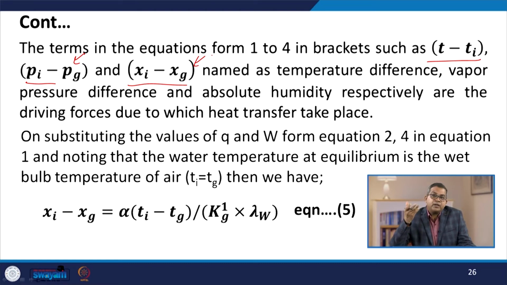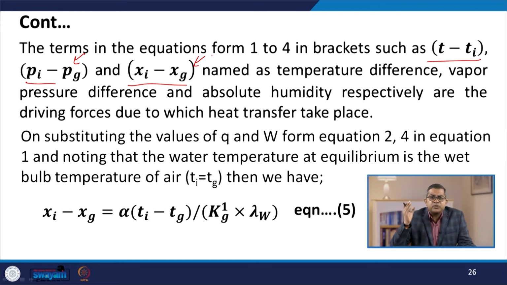Obviously, when we are looking at this heat transfer aspect, there must be some driving force, and this is the way through which you can represent and analyze how this heat transfer takes place.